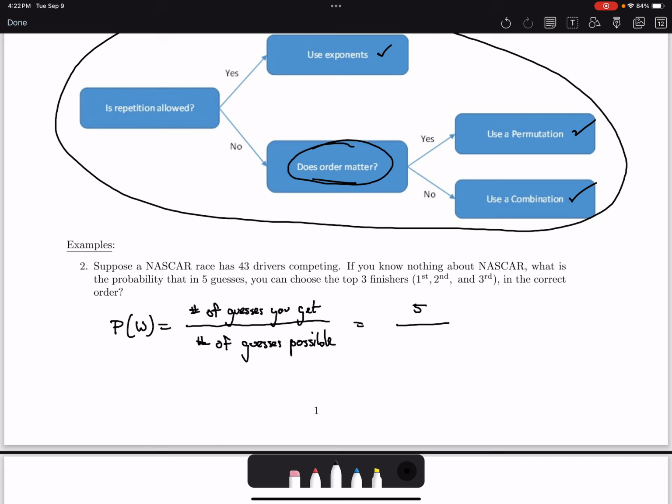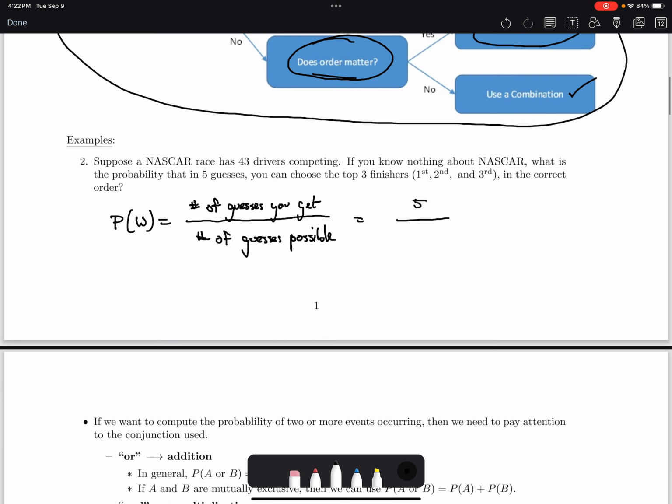And here I would say the answer is definitely yes, because Bob getting first place and Sally getting second place is a totally different scenario from Sally getting first place and Bob getting second place. So the order matters, and that means we're going to use a permutation. I have 43 racers to choose from, and I need to choose the top 3. So it's going to be 43 permute 3.